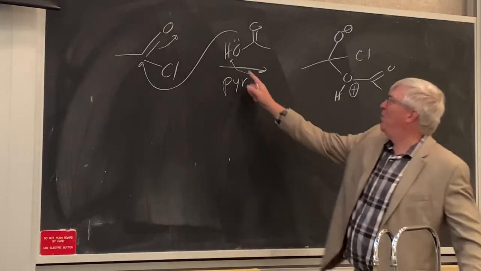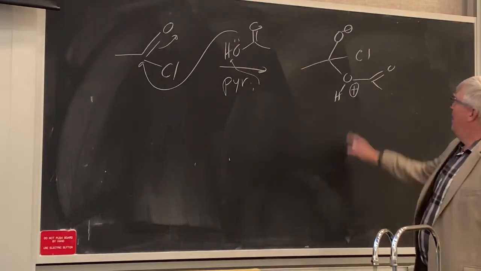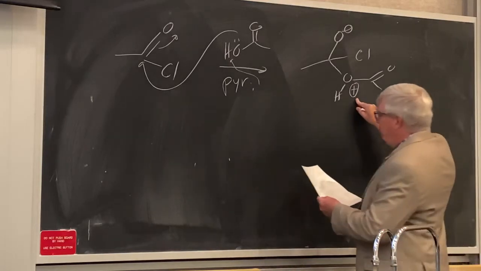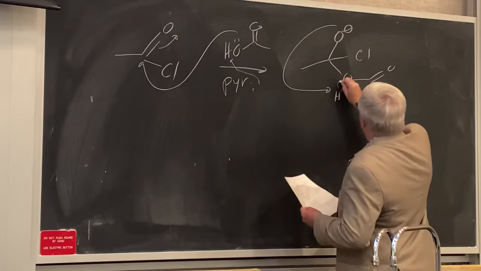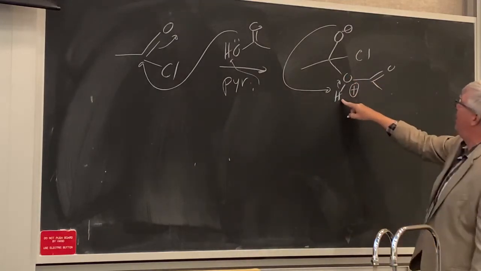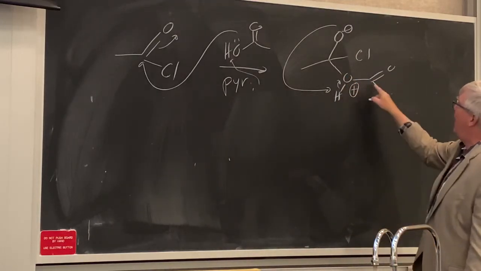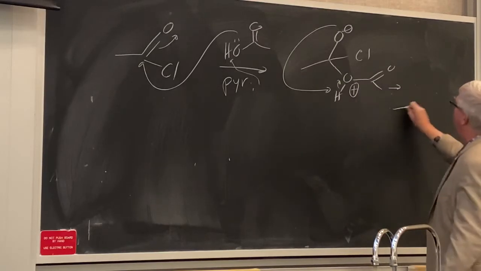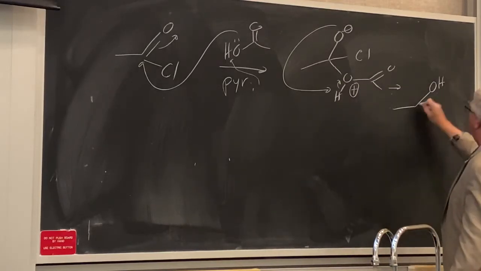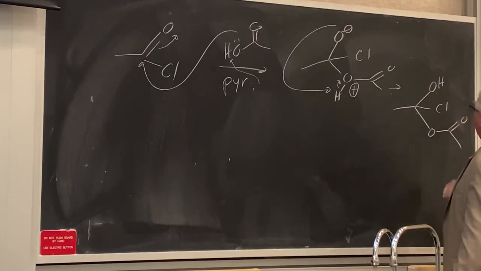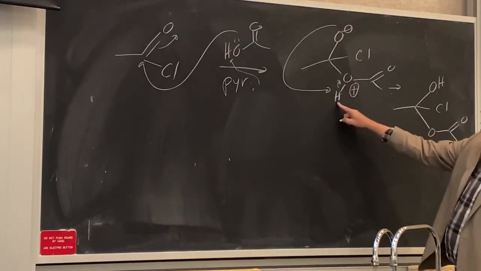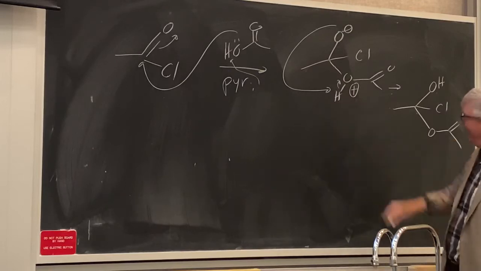If you want to do the deprotonation first, you can. But you can get to this intermediate here, and then you can transfer this proton. This is a very acidic proton then on this adduct here. So if you transfer that, you can get the OH there. Or, and I'm going to show you the other variation, you could have used pyridine to deprotonate here first too.